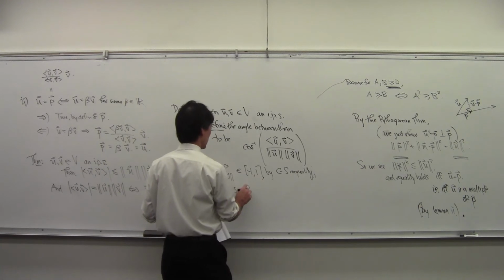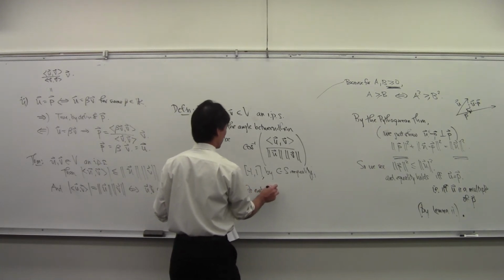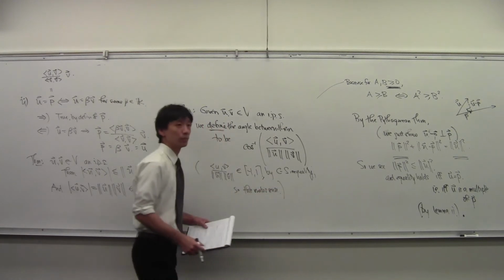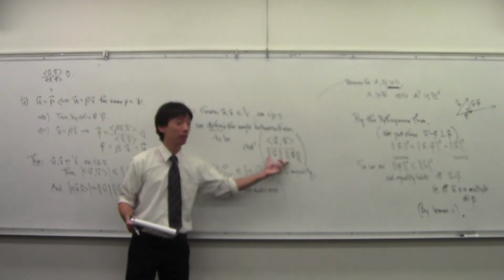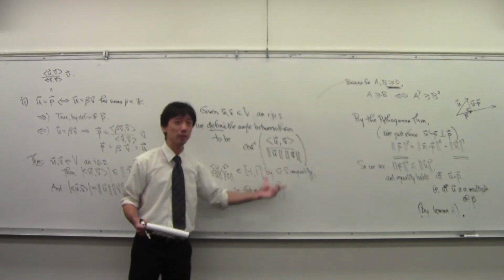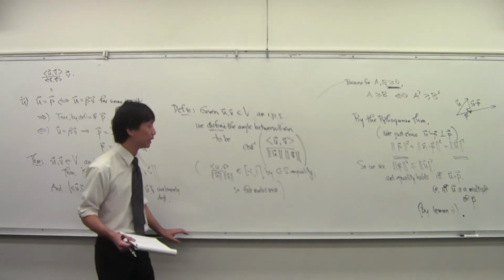We needed the Cauchy-Schwarz inequality to make this definition, because otherwise we don't know that the size of this is small, between -1 and 1. We don't know that we can take the arc cosine of it. Now we do.